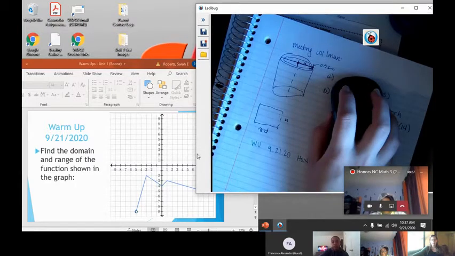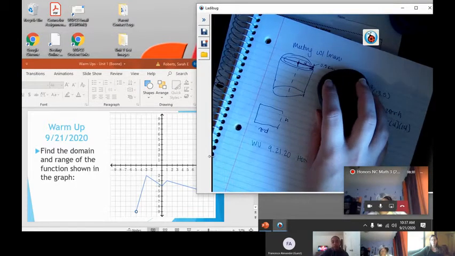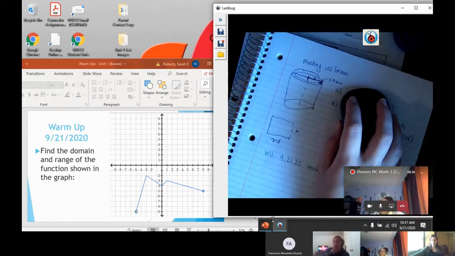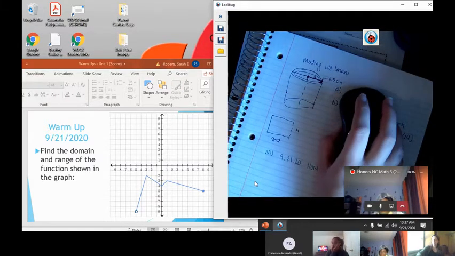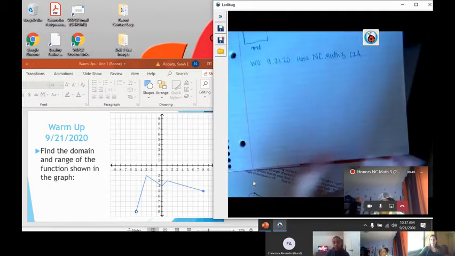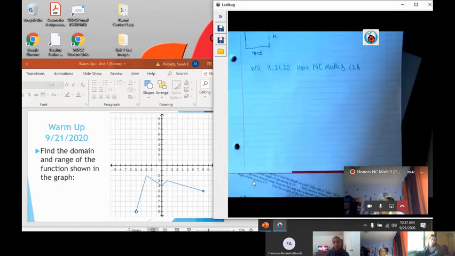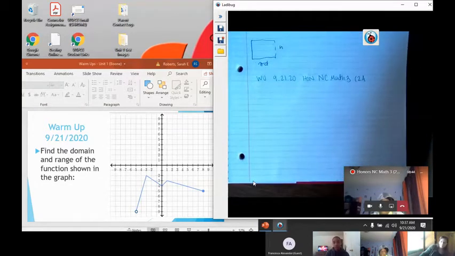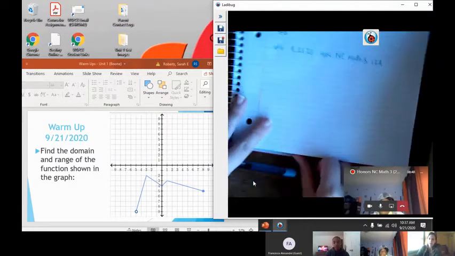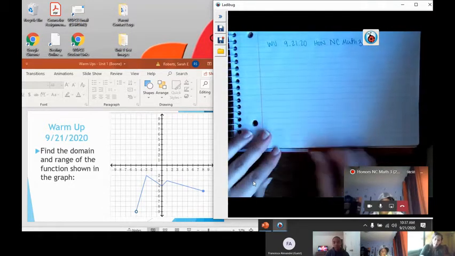It gets mad if you line it up too perfectly. All right, there we go. Ignore the picture above your warm-up thing.